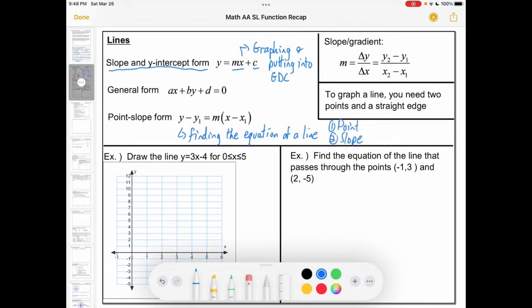You have to know point and slope. Speaking of slope, or gradient, sometimes it's just called rise over run, but m represents slope here. Change in y over change in x, or y2 minus y1 over x2 minus x1. To graph a line, there are a lot of ways to do it, but basically what you need is 2 points and a straight edge.